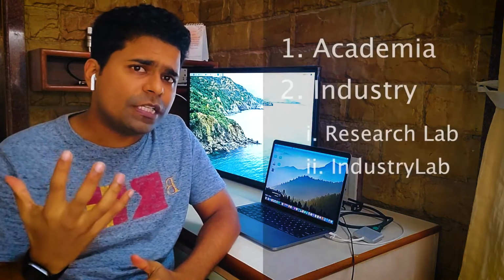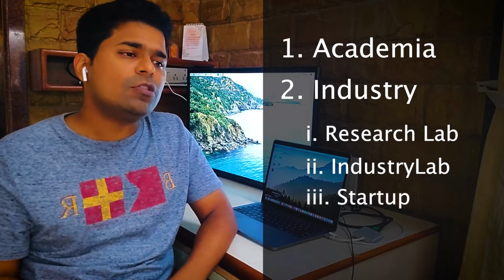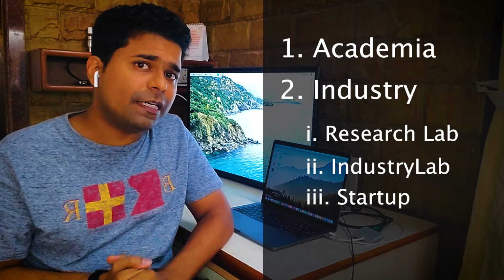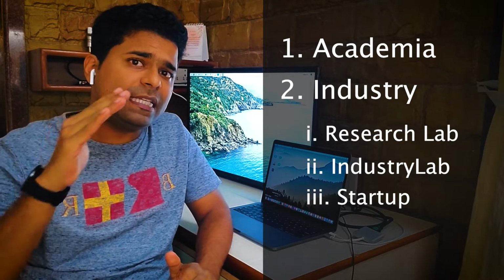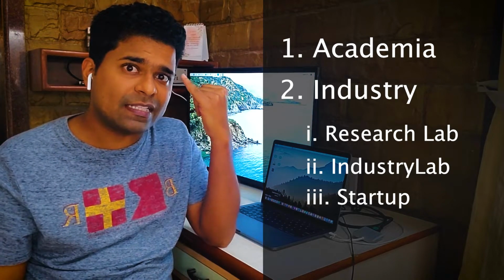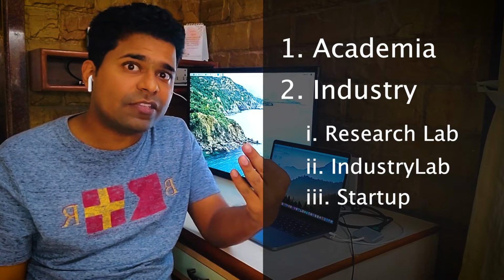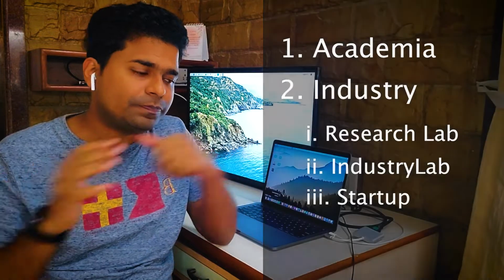The last option within an industry is that you can also join a startup. So each of these kind of options are actually very different. And in this video, I'm actually going to contrast these different options, that is an academic position, a faculty position, a research lab, an industry lab, and a startup on 12 different points.